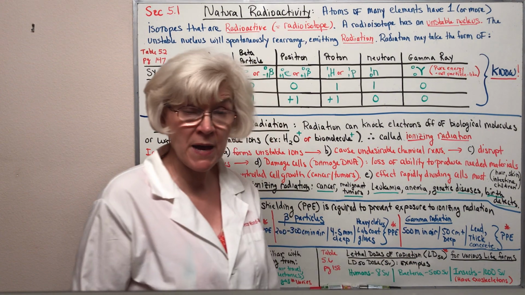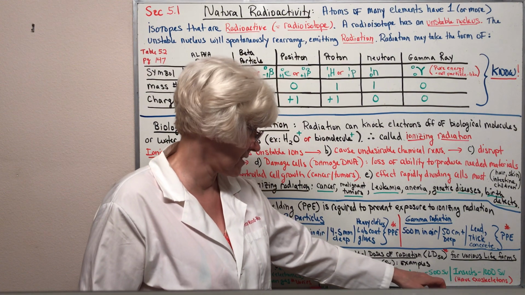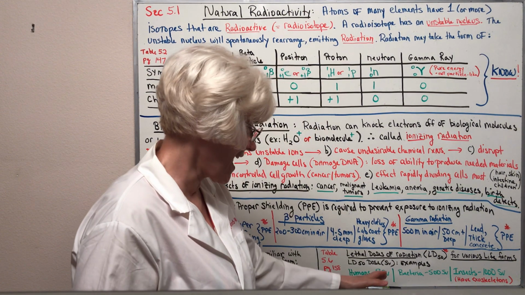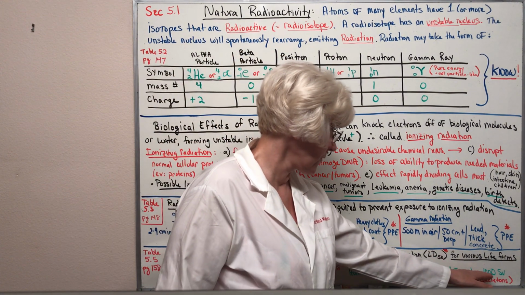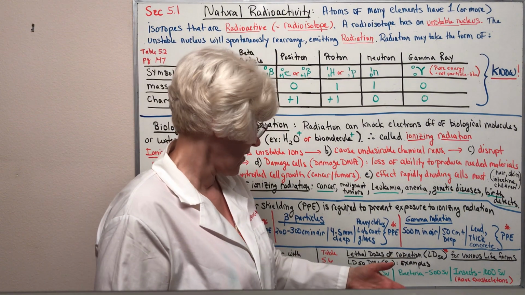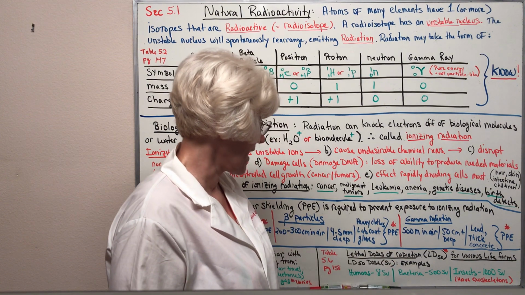LD50 doses for bacteria would be up at 500 sieverts. And this is interesting to me. Insects trump bacteria. LD50 doses for insects are 1,000 sieverts, right? Many times more than either humans or bacteria.